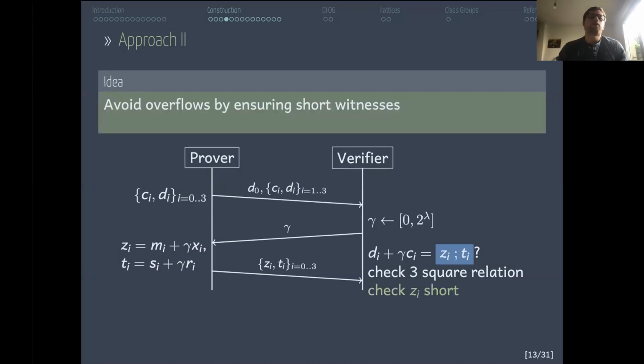So how can we adapt this? The main idea is we want to avoid overflows by ensuring a short witness. If we have short witnesses and no overflows, then we know that the 3-square decomposition actually holds over the integers, because the only way the integer and modulus calculations differ is if something overflows the modulus.